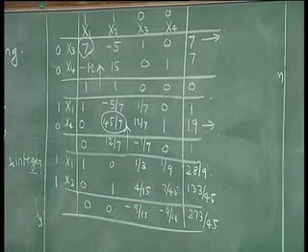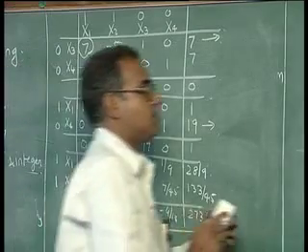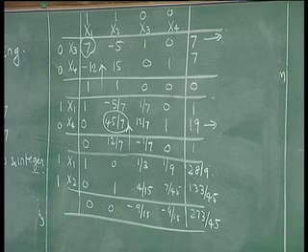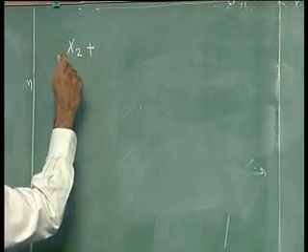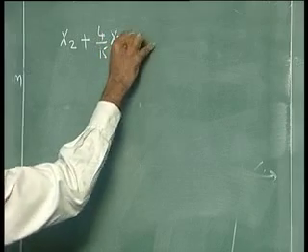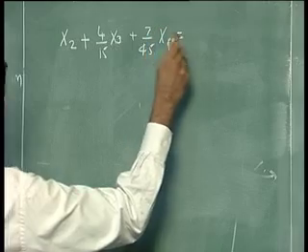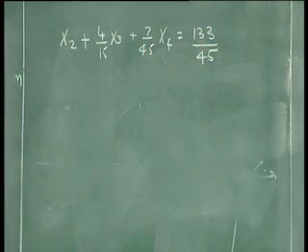So, we take this and now we write this in the form of an equation, and this would become x2 plus 4 by 15 x3 plus 7 by 45 x4 equals 133 by 45.